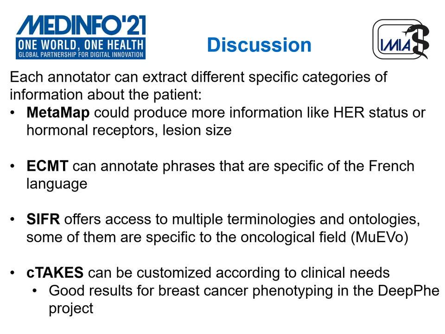We couldn't find the UMLS CUI for these concepts, so it can be important to have them in our structured data. Cypher offers access to multiple terminologies, and we also had some concepts that were extracted by Cypher and not by the other annotators, because it also uses Muevo, which is a terminology specific to the French oncological field.